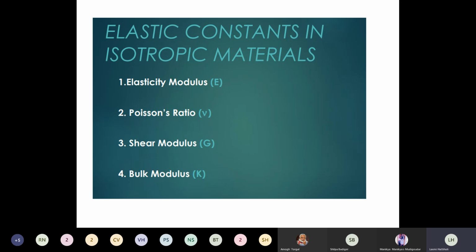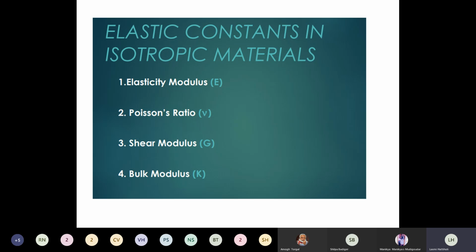Next, have we discussed shear modulus? Shear modulus and bulk modulus, we have not covered these definitions yet. In the next class, we'll cover the definitions of shear modulus and bulk modulus, and we shall see the relationship between all these four elastic constants.